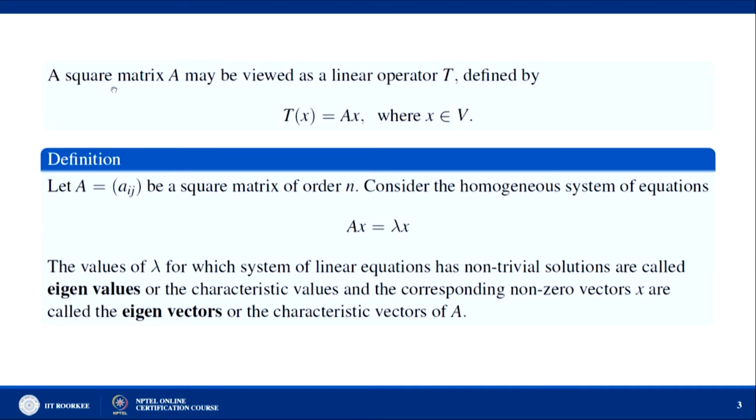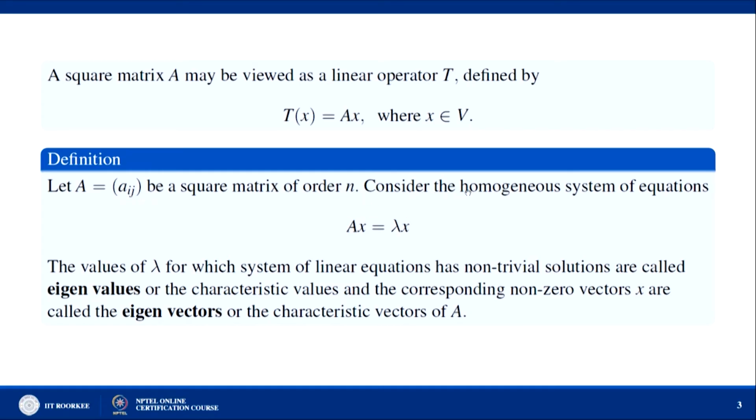Now a square matrix A may be viewed as a linear operator T and is defined as Tx equals Ax where x belongs to V. Okay. So if we have a linear operator, then a matrix can be viewed as a linear operator also. Now let us define a matrix A which is a square matrix of order n.